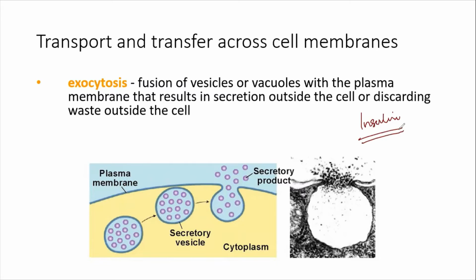Even insulin is getting released via the process of secretory vesicles, and they go outside. When this insulin reaches the target area, it gives a signal of more expression of GLUT transporters so that the glucose can get absorbed by the cell, from the blood, so that your blood does not have the glucose present.